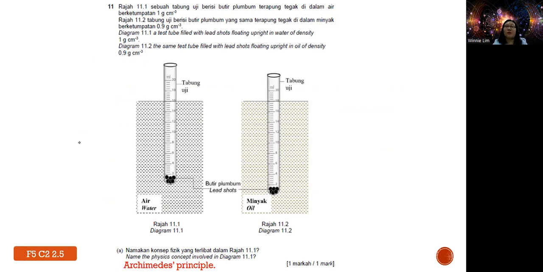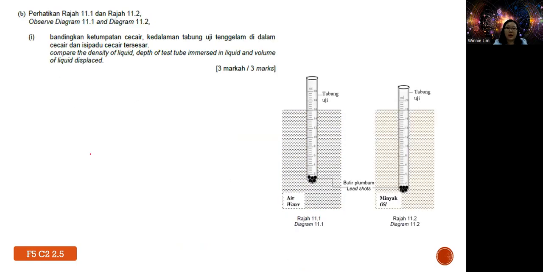So this is under Form 5, Chapter 2, Archimedes' principle. Same thing for question 11, there will be a 5 marks comparison question, similar to question 5 and also question 6. So again, I will say, this is a compulsory answer. There's no choice. There's only one question. This part you must try to answer, at least get 5 marks out of 20 marks minimum.